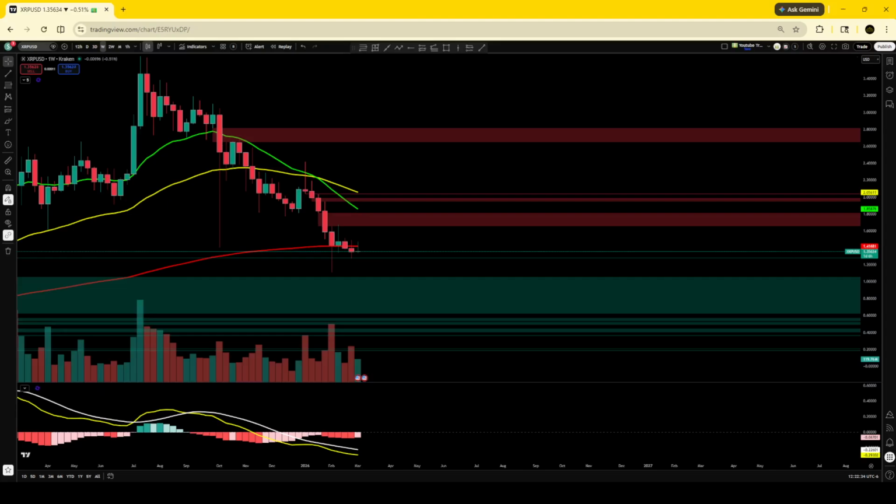Some time frames represent massive institutional capital, while others simply react to what larger participants are doing. Understanding how time frames interact is one of the most important concepts in professional trading. And once you understand that hierarchy, charts start making much more sense.